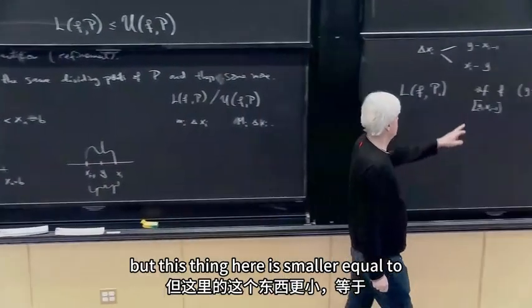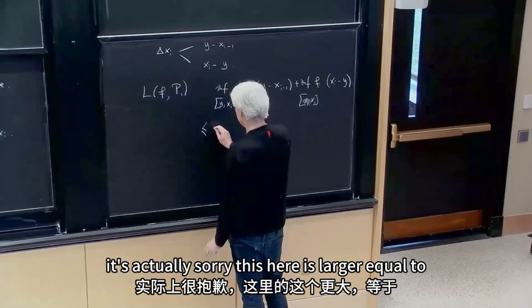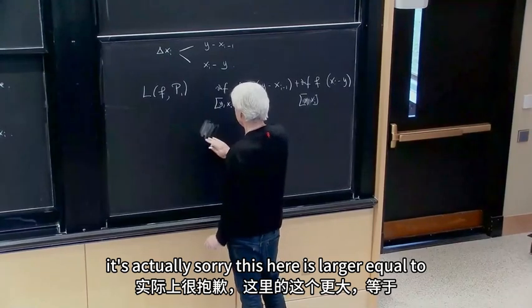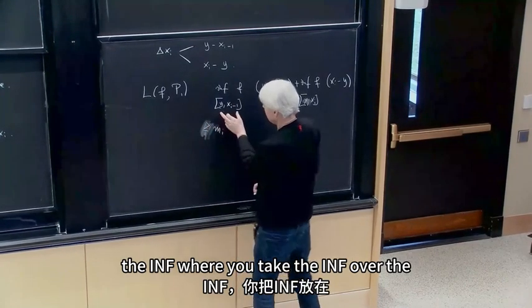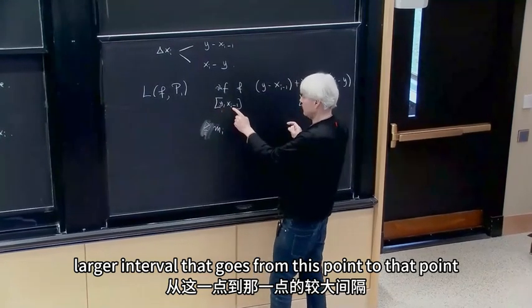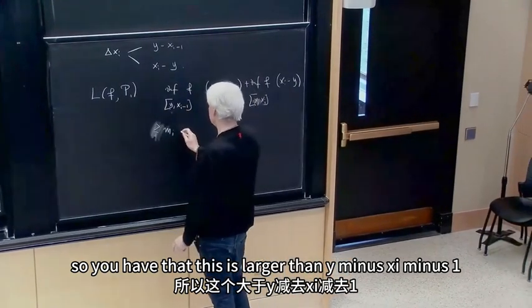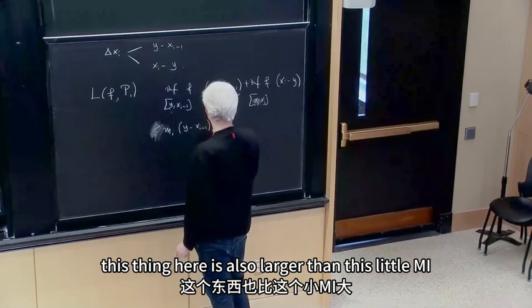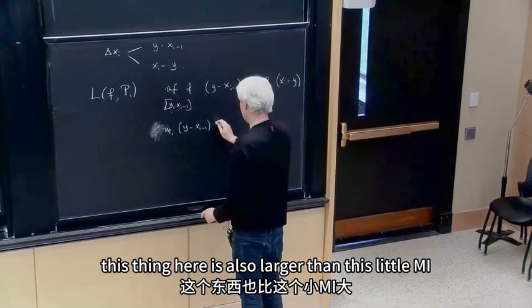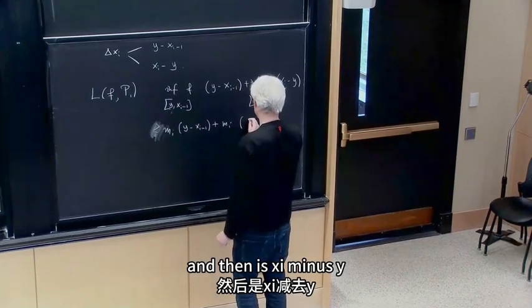But this here is larger or equal to the inf where you take the inf over the larger interval that goes from this point to that point. So this is larger than m_i times (y minus x_{i-1}), and this other thing is also larger than m_i times (x_i minus y).